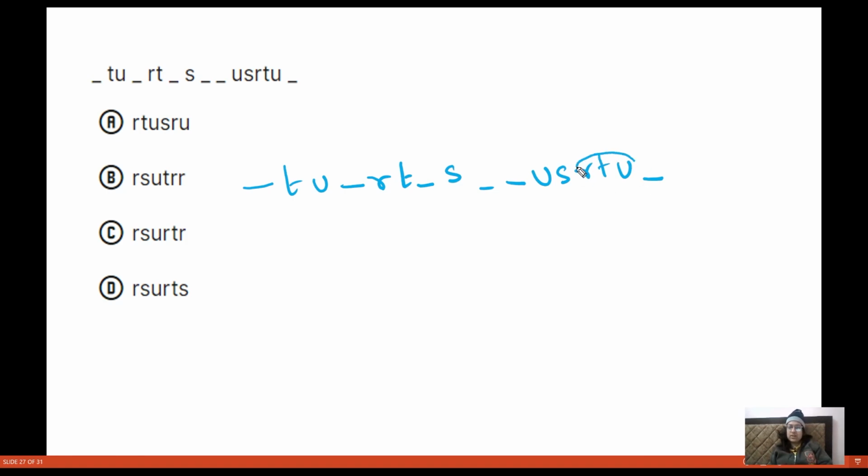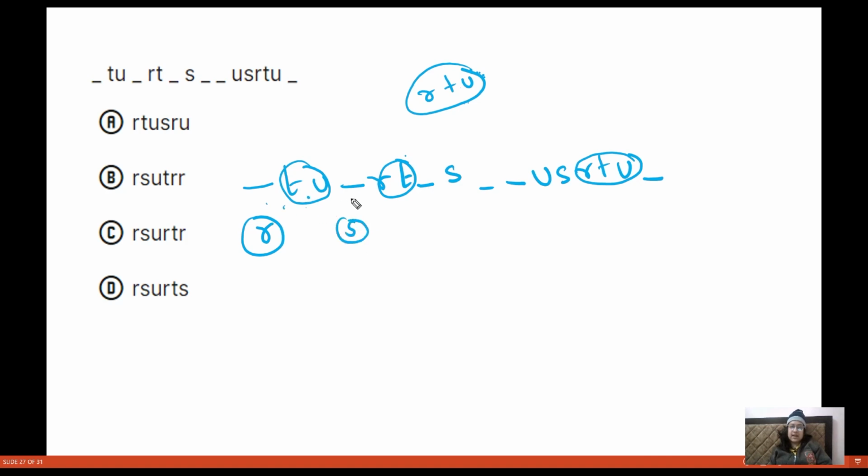So this RTU I find here, and this TU I find here, this RT I find here. So by looking at this, I get that RTU may be some sequence. So if I fill here R, then it becomes TU.